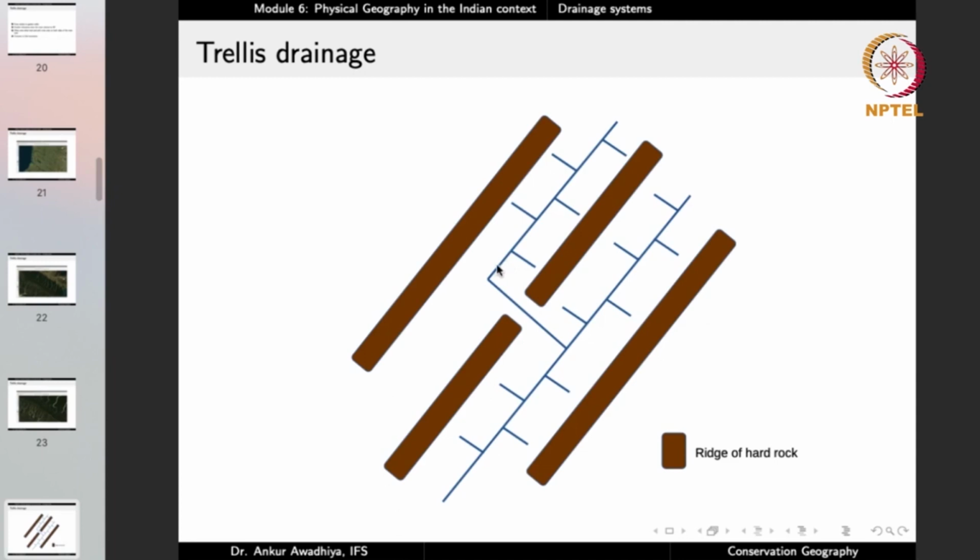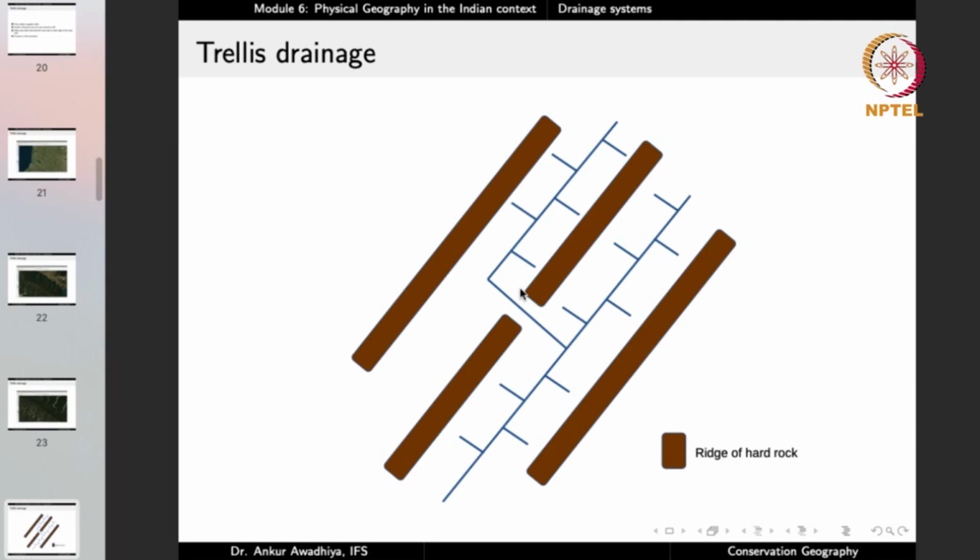But if there is any gap in between, then these streams can join together. So in this case, this becomes a tributary of the main stream. And similarly, you can have rocks on the other sides as well. Or it is possible that here we have a slope towards this tributary, and so all these streams are parallel and they are going towards a common drainage area, which is this tributary.